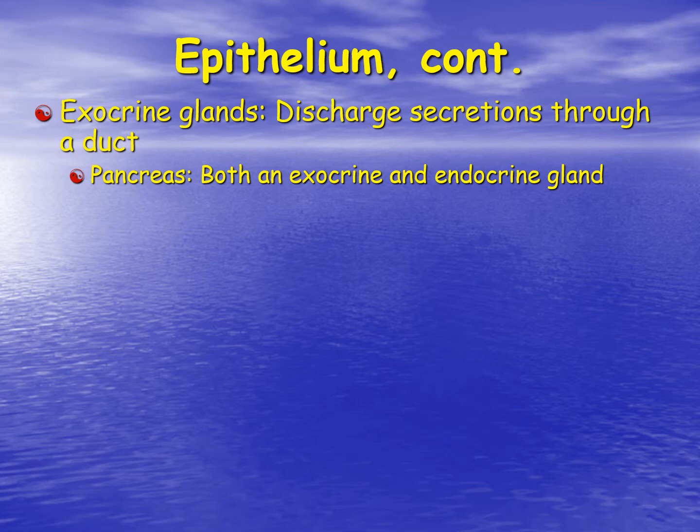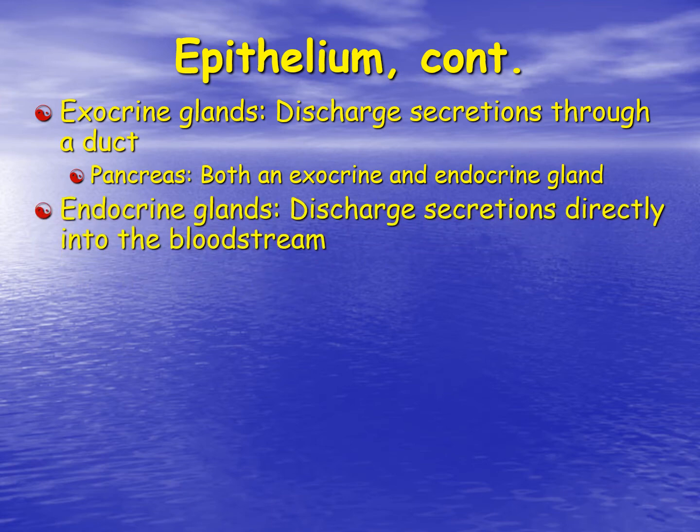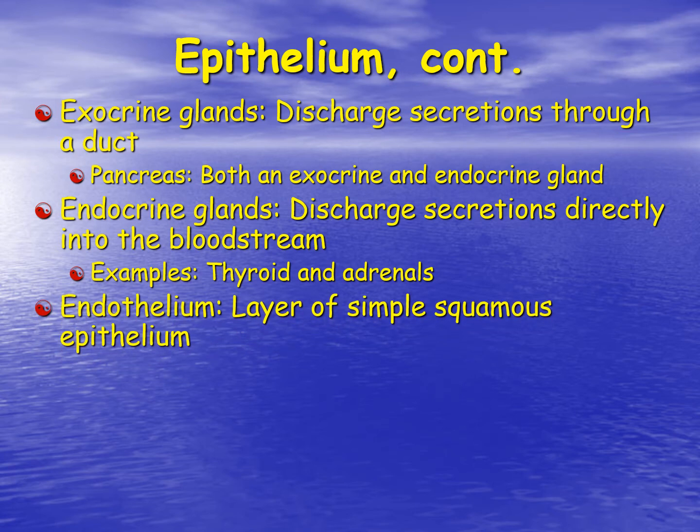Even though it's located internally, it actually is an external tissue. And the pancreatic islets secrete insulin and glucagon directly into the blood. So the endocrine glands are discharging their secretion directly into the bloodstream. So the thyroid gland, the adrenal glands.